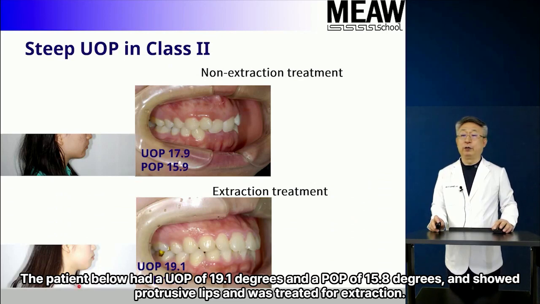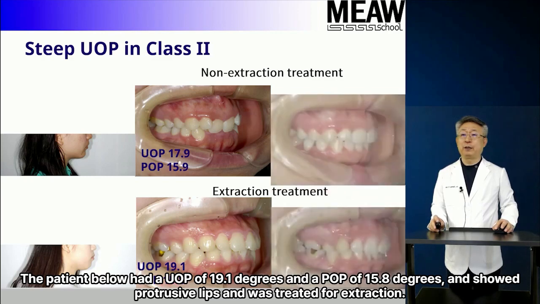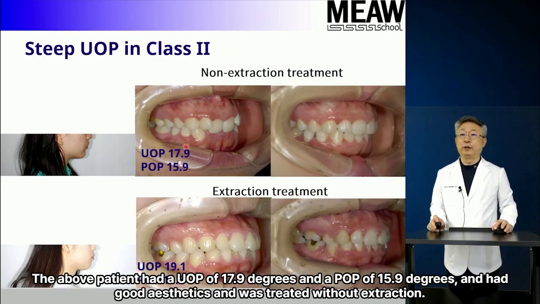The patient below had a UOP of 19.1 degrees and a POP of 15.8 degrees, and showed protrusive lips and was treated with extraction. The patient above had a UOP of 17.9 degrees and a POP of 15.9 degrees, and had good aesthetics and was treated without extraction.